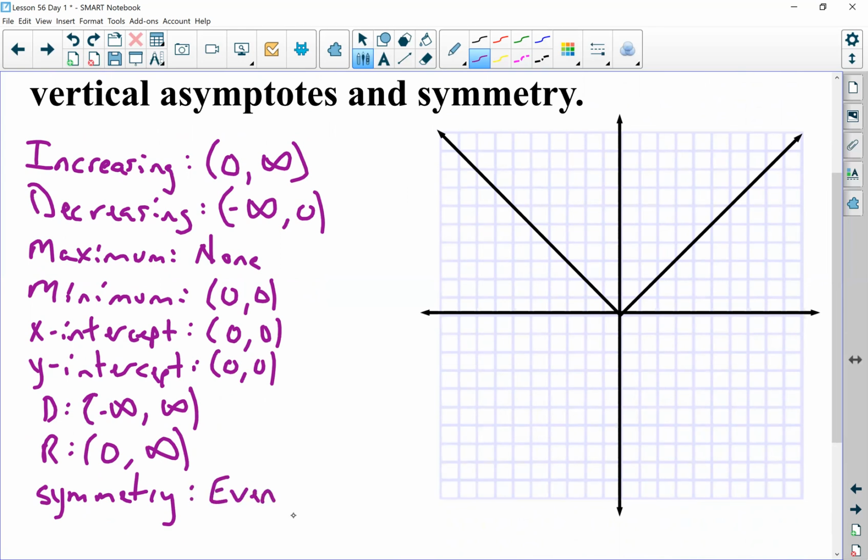It is symmetric across the y-axis. All right, so again, we're going to take a look at a different absolute value function and graph that. And again, we'll use the shotgun method.